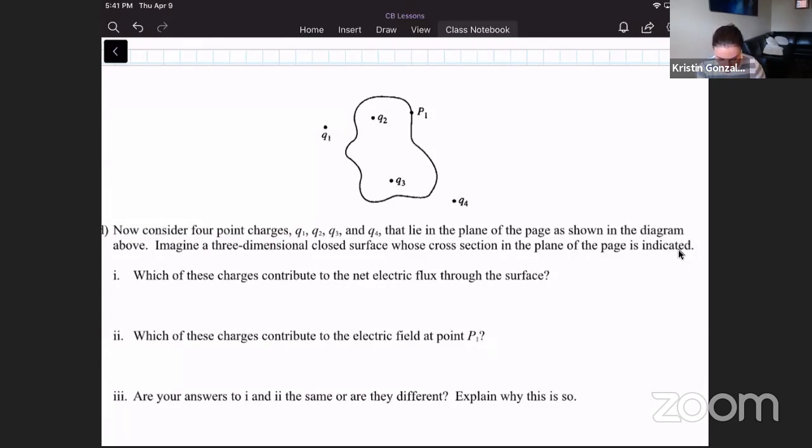We want to know which of these charges is going to contribute to the net electric flux and which is going to contribute to the net electric field, and are they the same or not, and why? So I'll give you just a minute here to think about that. Which of the charges are going to contribute to the net electric flux, and which ones are going to contribute to the electric field at point P right here that lies on that surface?